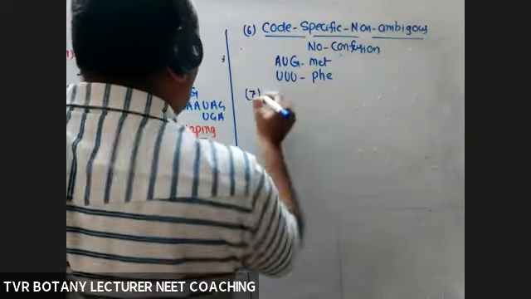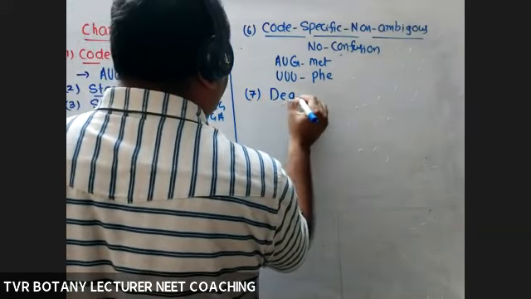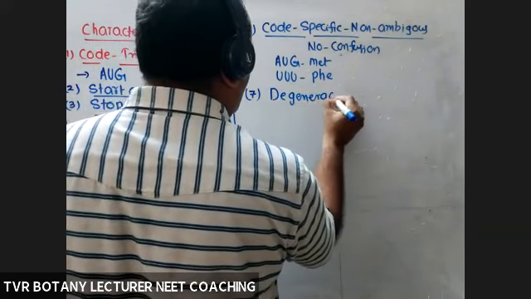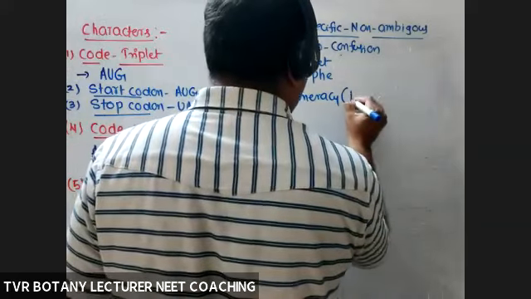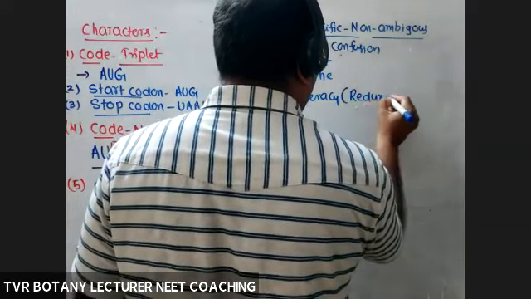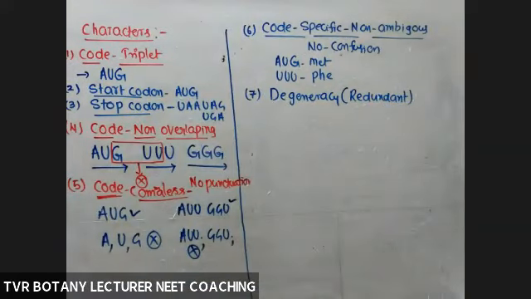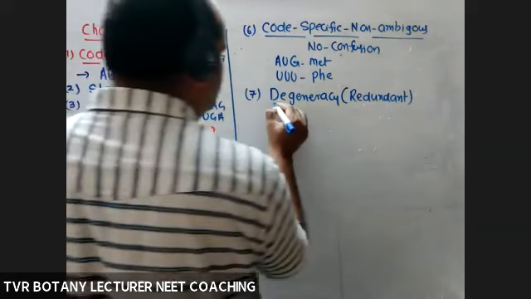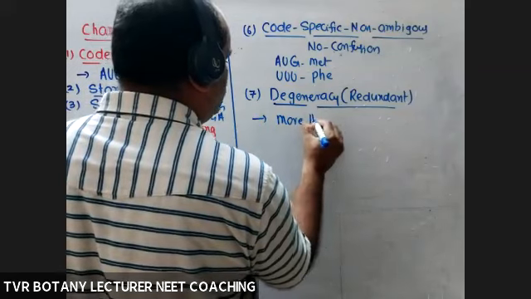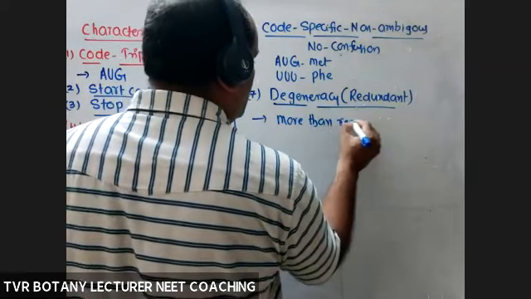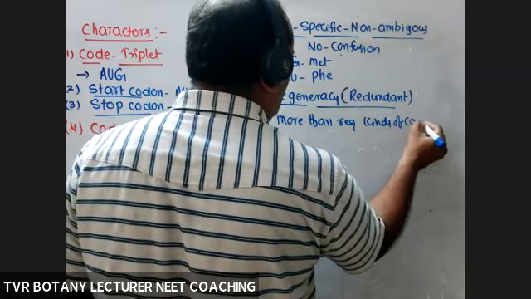Next, code is degenerate. Degenerate means redundant, redundancy, more than required kinds of codons.